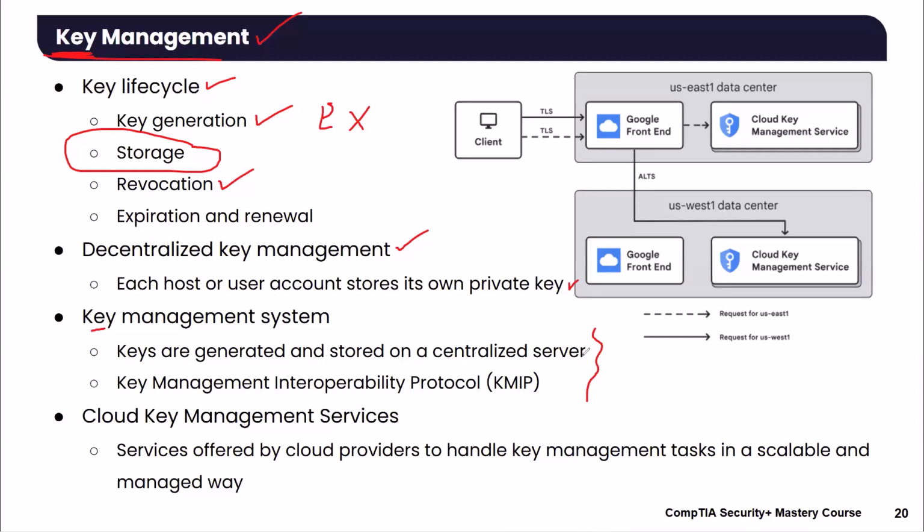Oh gosh, I'm running out of the acronyms, I guess I'm getting a little bit tired. But there are two of them, and I think we'll get to that section. With key management systems, keys are generated and stored on a centralized server, like having a server that houses your keys. And then you have the Key Management Interoperability Protocol, KMIP, which can be used for accessing the keys stored on that server.